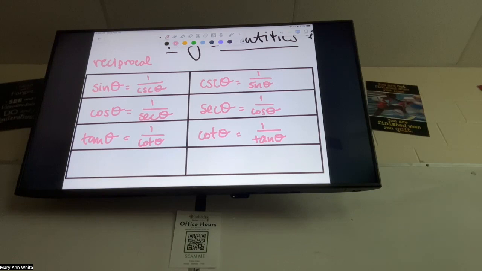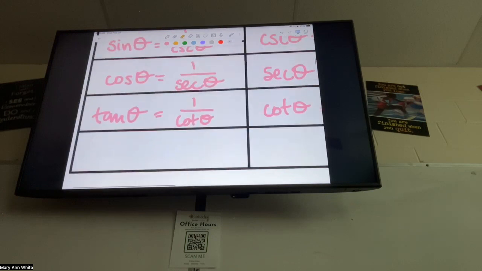sine and cosine? So notice that sine and cosine are written as they are normally. I can rewrite cosecant as 1 over sine, and secant is 1 over cosine, but tan and cotan are not written as sine and cosine. I'm going to argue we can do that. So let's figure that out, okay? We know tangent. What is that in terms of x's and y's?